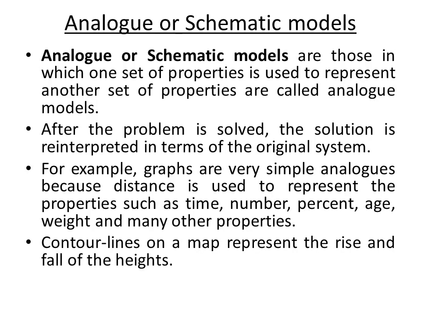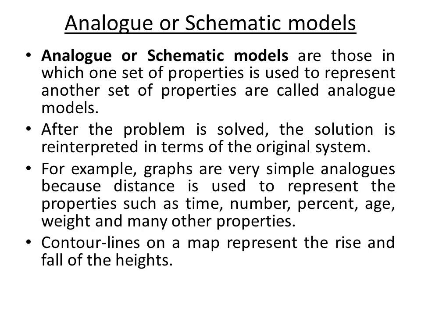Now let us discuss analog or schematic models. The models in which one set of properties is used to represent another set of properties are called analog models. After the problem is solved, the solution is reinterpreted in terms of the original system.